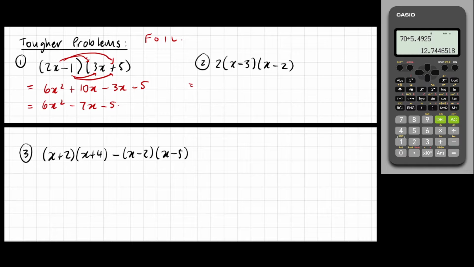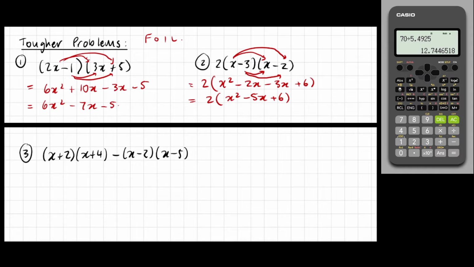So we're going to rewrite this as 2 lots of, x times x, which is x squared, x times negative 2, which is negative 2x, negative 3 times x, which is negative 3x, negative 3 times negative 2, which is positive 6. So this is the same as 2 lots of x squared minus 5x plus 6.